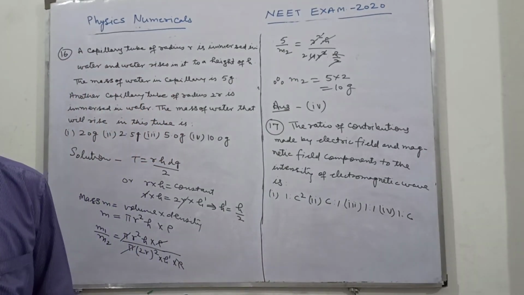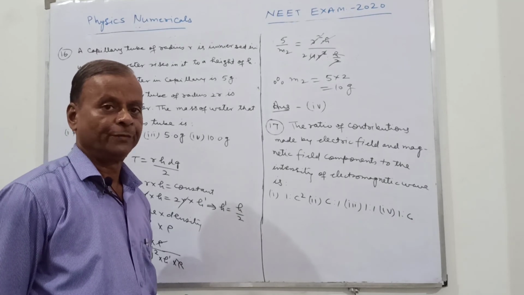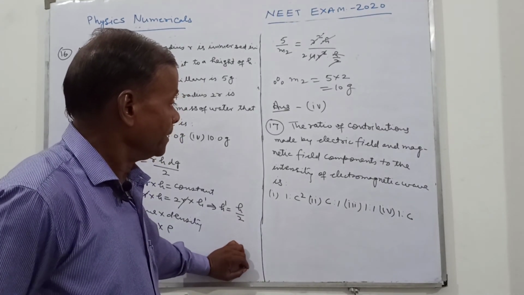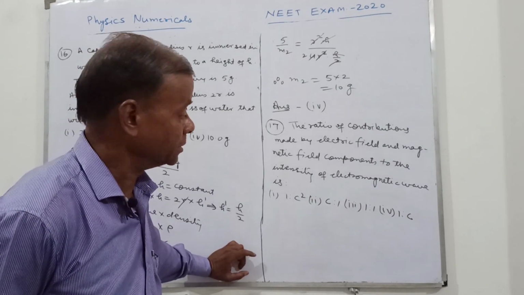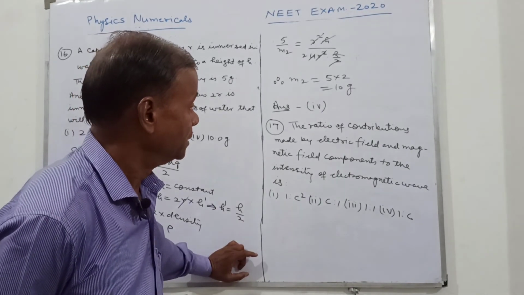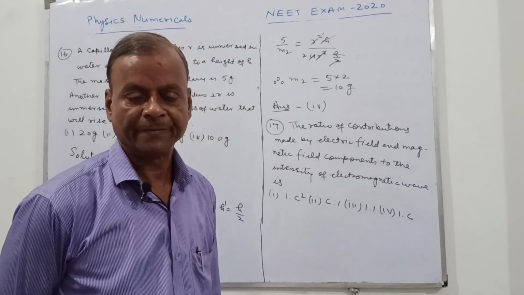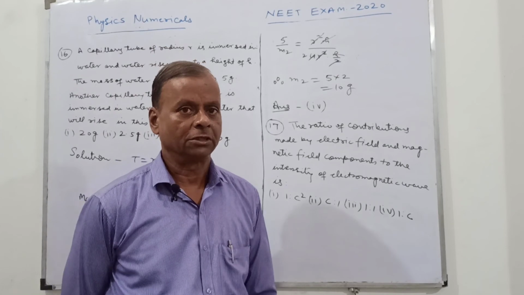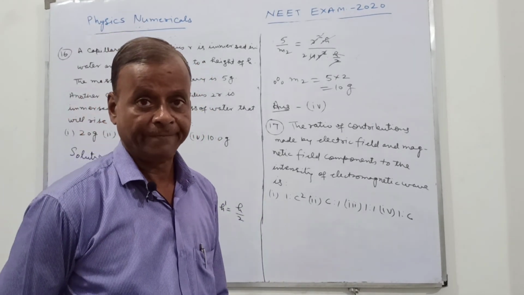This is a question taken from the properties of electromagnetic waves. If you have understood the properties, then this is one of the properties of electromagnetic waves, that the contributions of the electric field and magnetic field to the energy of the wave are equal. So the contribution from the electric field and that of the magnetic field are equal.